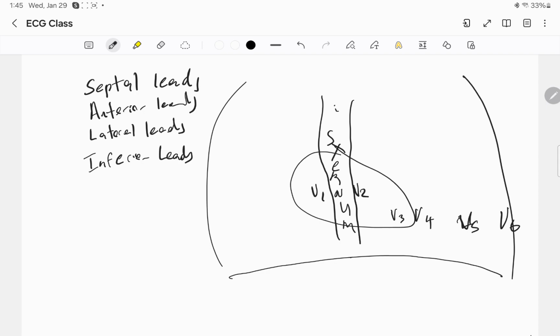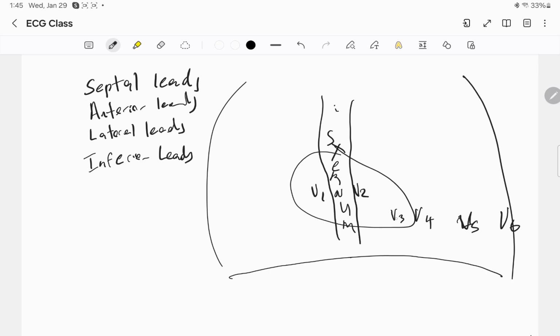Now, as you can see here, there is some overlap between leads. So it's not a perfect system. When we start to read ECGs, V4 may reflect a lot of changes that you're seeing in the lateral leads with V5 and V6, although V5 and V6 are best at looking at the lateral aspect of the heart.